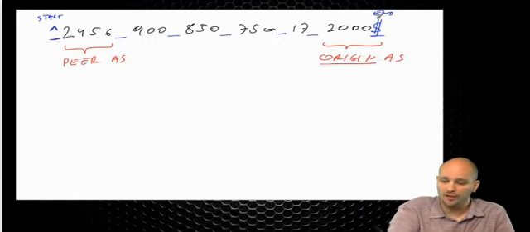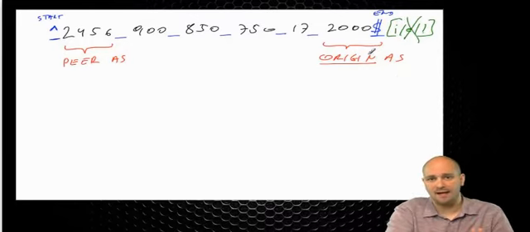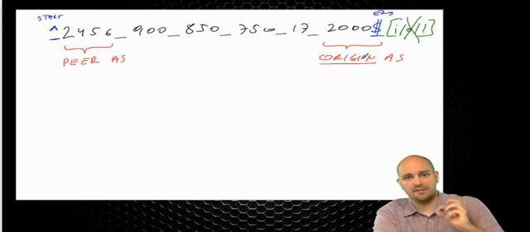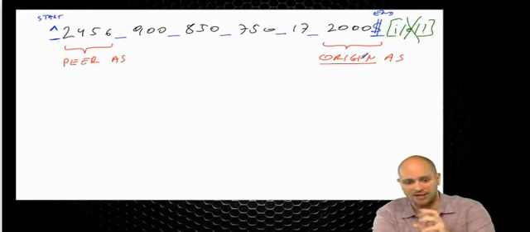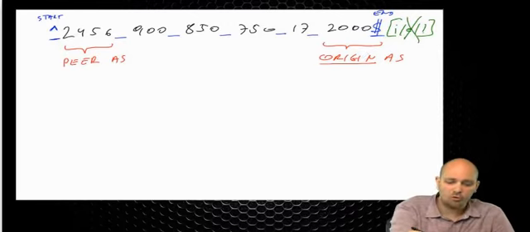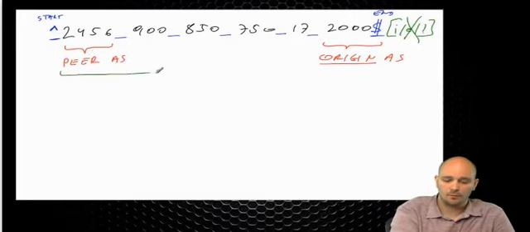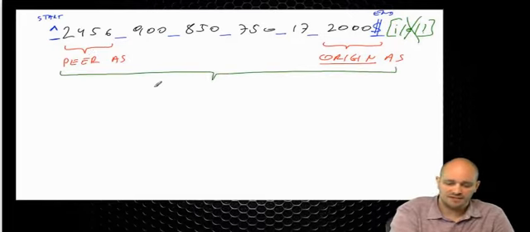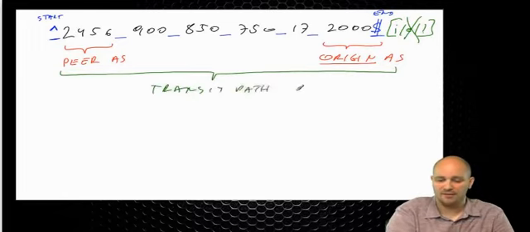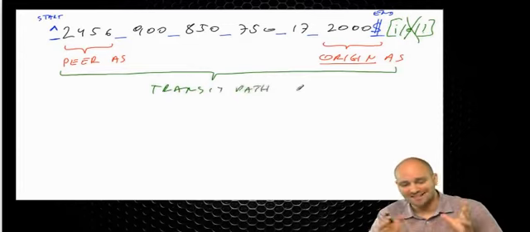The origin code is not part of the path, so it is outside the path. So this is not the origin that I mean. The origin as in which autonomous system this prefix was actually injected into BGP. And all together these mark up the transit path. So this is the transit path that this prefix that has this AS path list has.